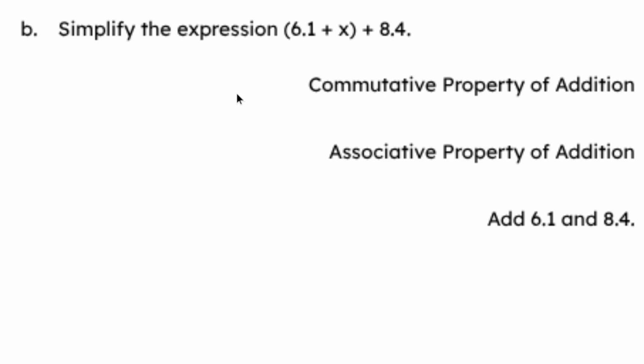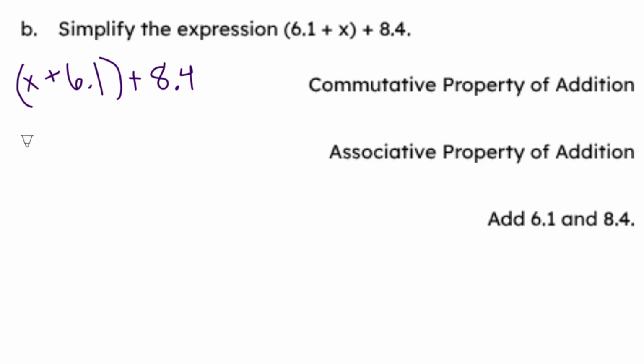Same thing, simplify the expression 6 and 1/10 plus x plus 8 and 4/10. So first, the commutative property tells me I can add in any order. So I'm going to rearrange here and say x plus 6 and 1/10 plus 8 and 4/10.